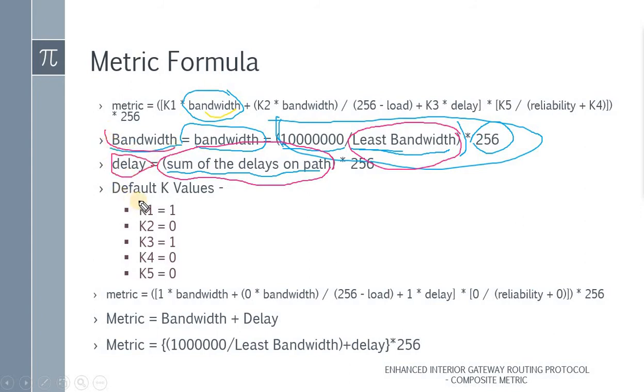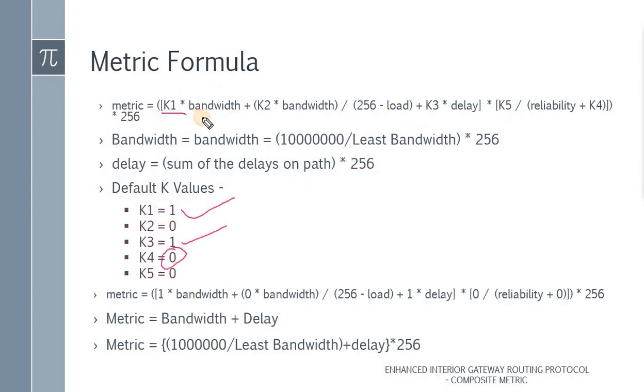And here are the K values. K1 has a default value, and you can always change it by going to the command prompt when you are configuring router EIGRP, and changing the metric from there.